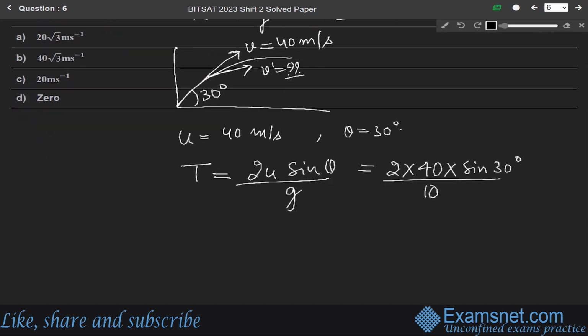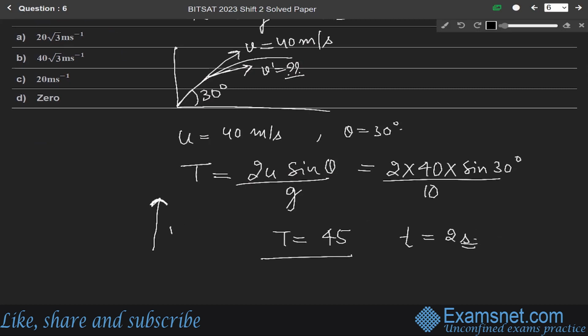So solving it, we get t equal to 4 seconds. So it means the projectile is at the maximum height at t equals 2 seconds. At maximum height, the vertical component of velocity is 0.